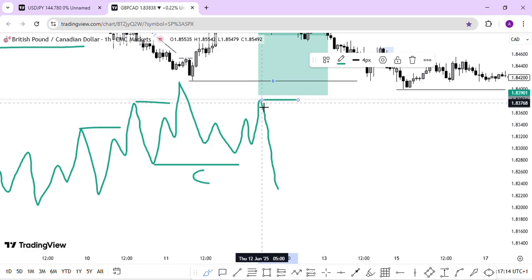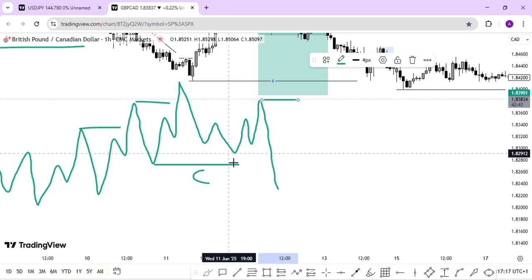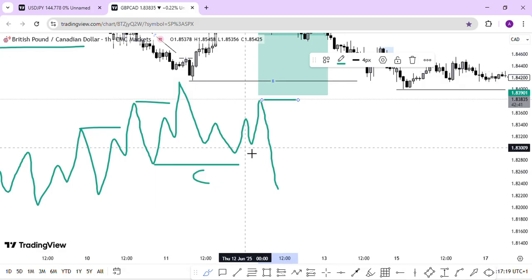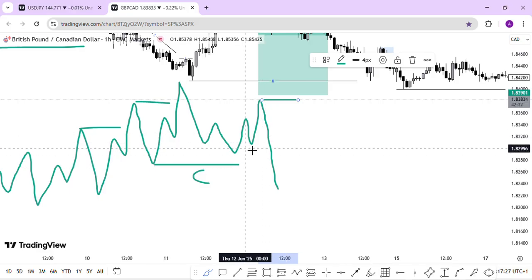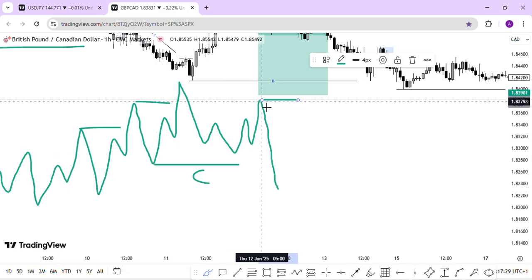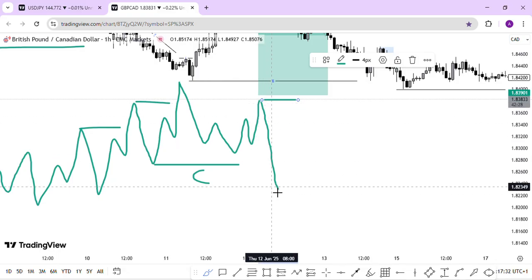Assuming the market breaks up, this level will be the last pullback that the market creates to the upside after breaking out. But now that we have a change of character, it means that this is the last buying momentum before we actually change character. So that's what we look out for.